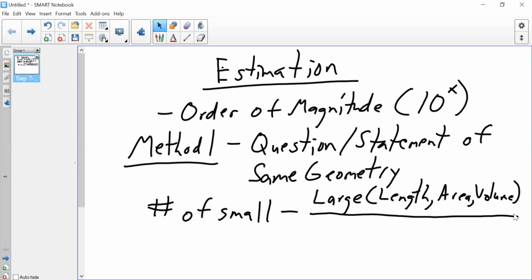Typically, when we had the marbles, how many of the small marbles can go into a large volume of a room or earth or something. And the small is on the denominator. And it could be a small length on the denominator, large length, numerator. Just depends. And most of the time we've been working with volumes. Large volume over small volume, we can get the estimate and report it in a power of 10.